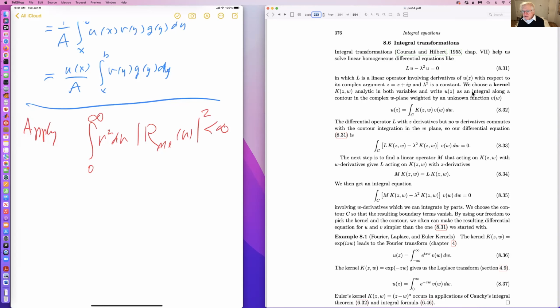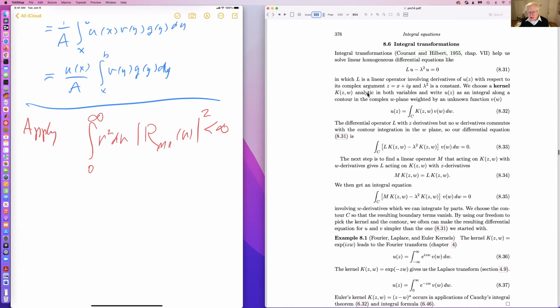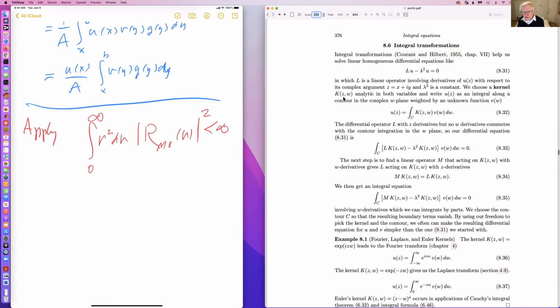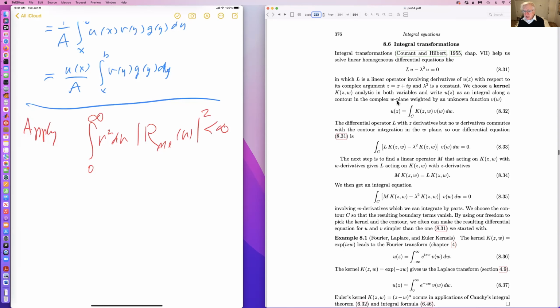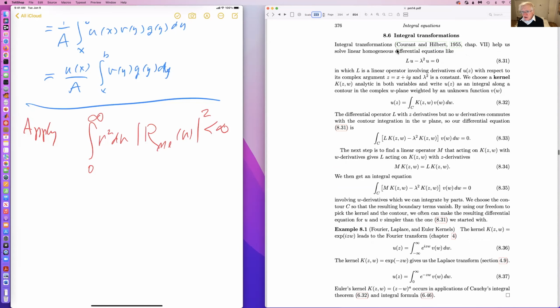And so the trick here is that you choose a kernel K of two complex variables, Z and W, and then you write the solution as an integral of this kernel that you choose times some V of W that you're also going to choose, and you require that it solve this thing.